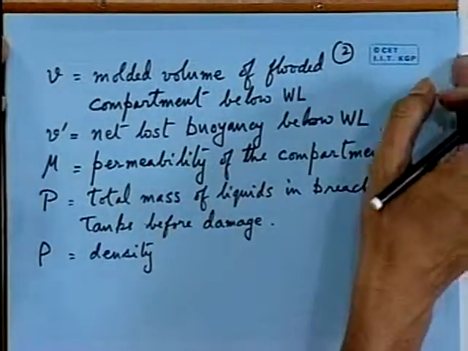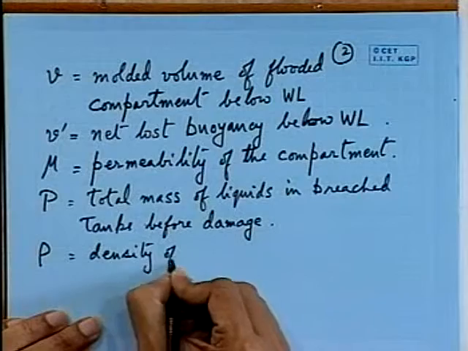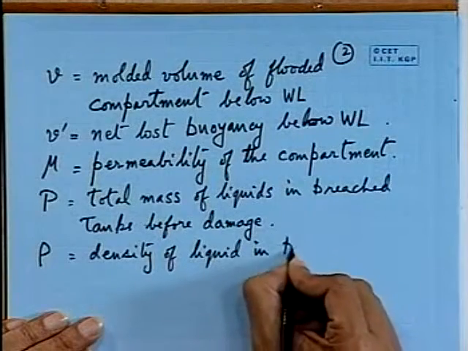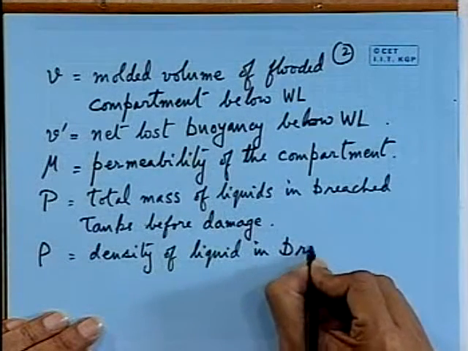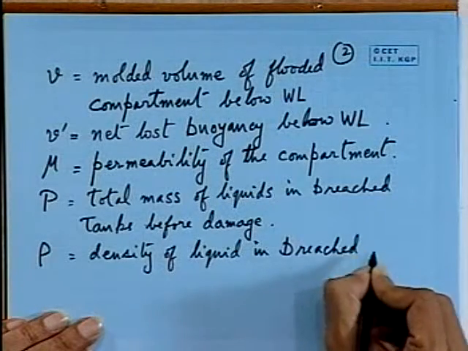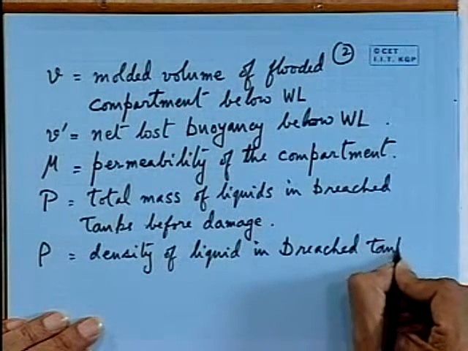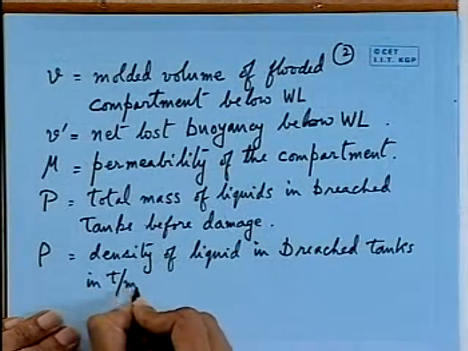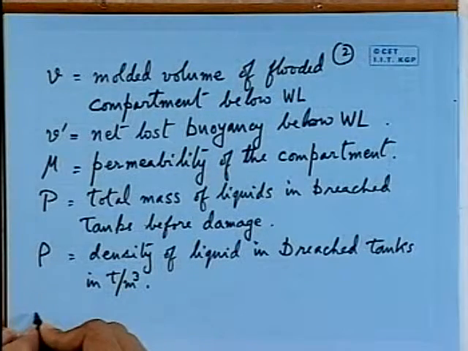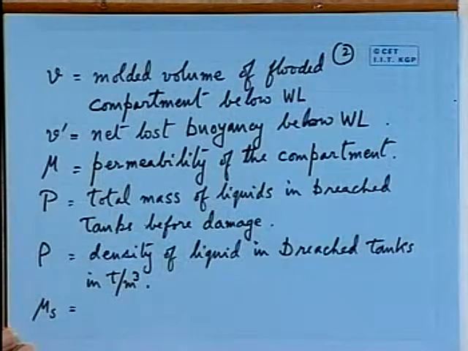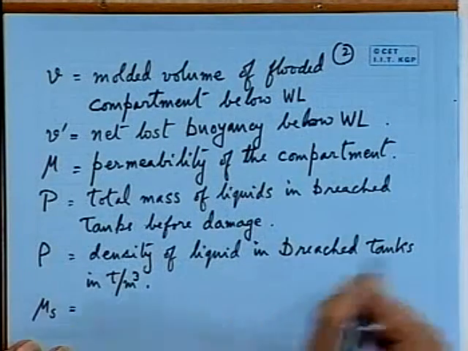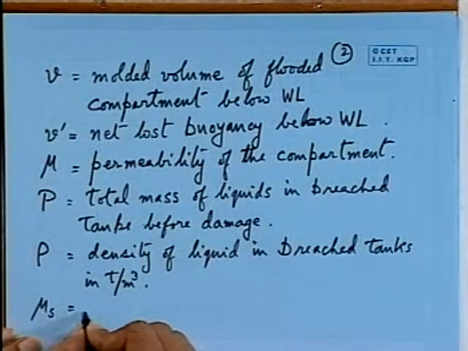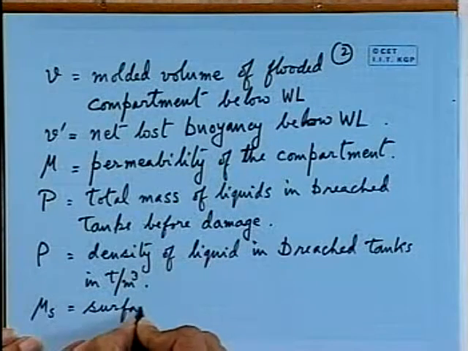Breached means ruptured tanks. This is given in tons per meter cube. Mu s we can calculate, but if we don't have any figure for mu s, you can take it as 1. So mu s is called surface permeability.